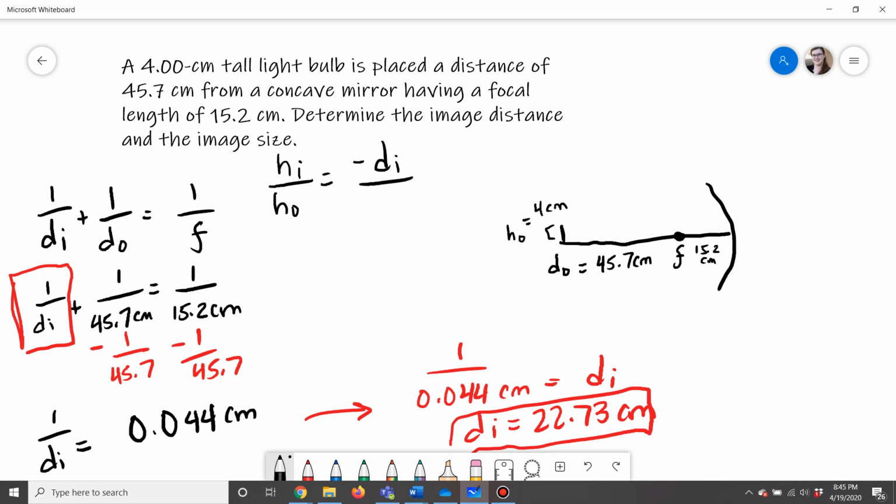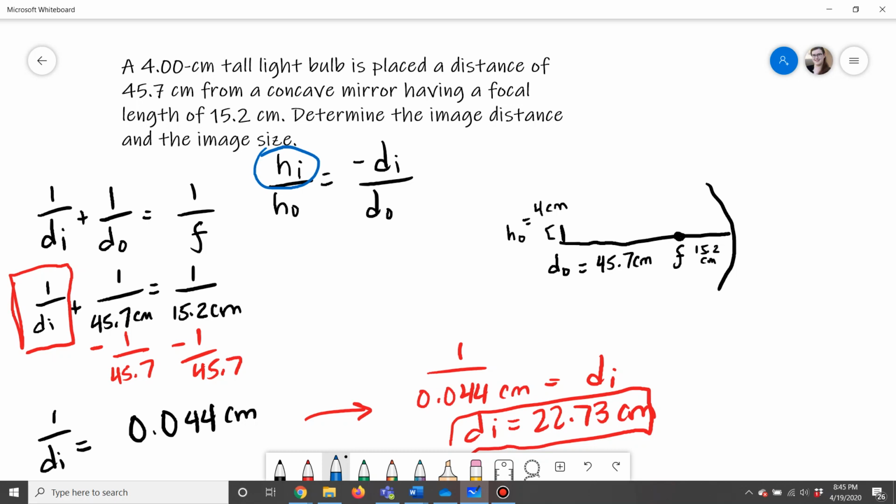This is going to be equal to negative of the image distance over the object distance. Since we have both of these variables and we know our object height, we're going to go ahead and solve for the image size, which is that h sub i. That is what we are looking for right here.